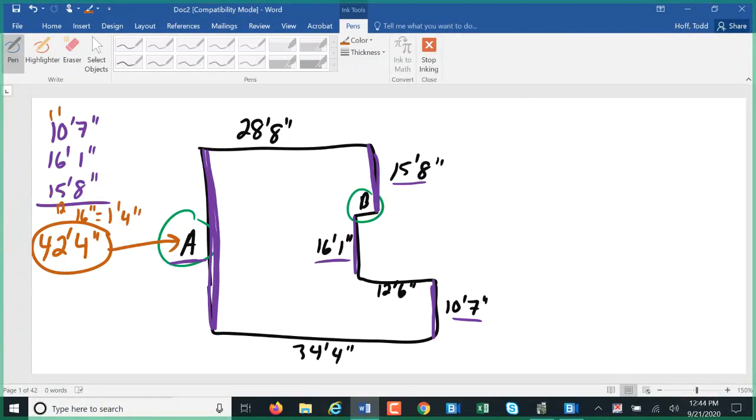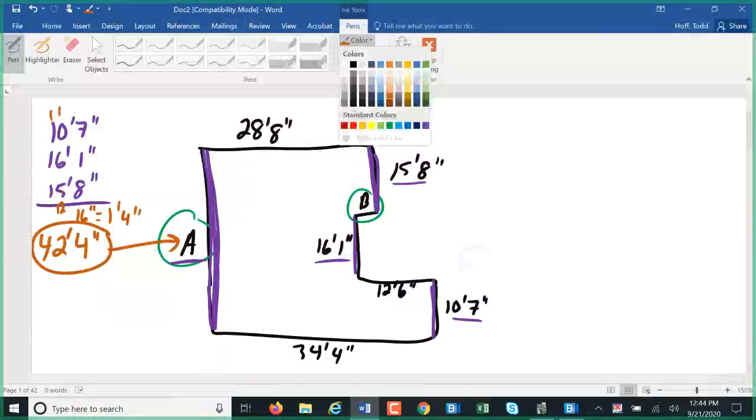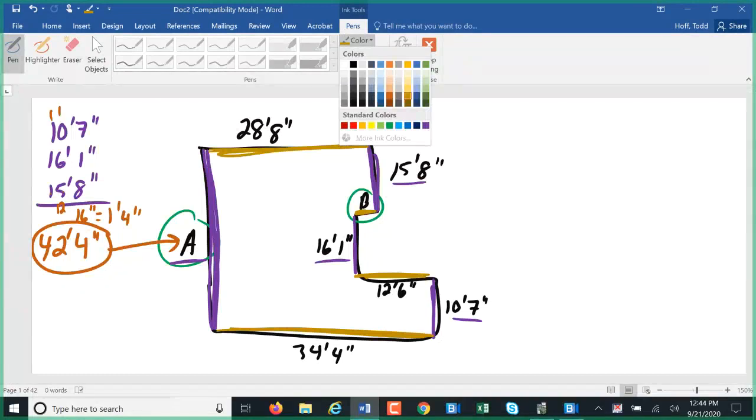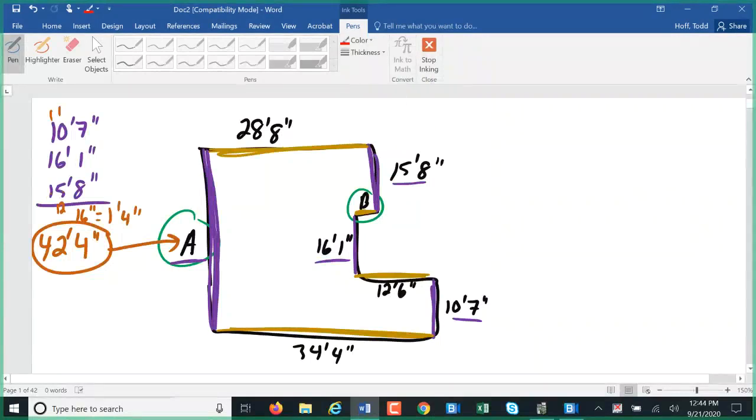Dimension B is a little bit trickier. Dimension B is horizontal, so I can only use my other horizontal dimensions to find it. What I have to do though, since they're not adding up, some add, some go back, some subtract, is break this into pieces.